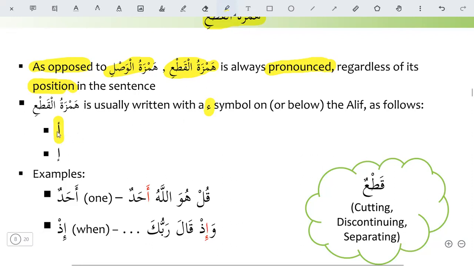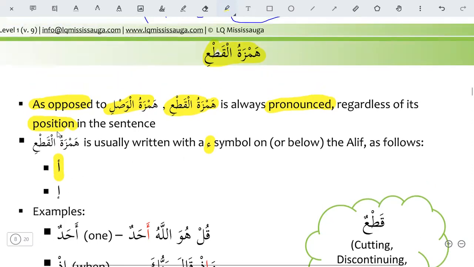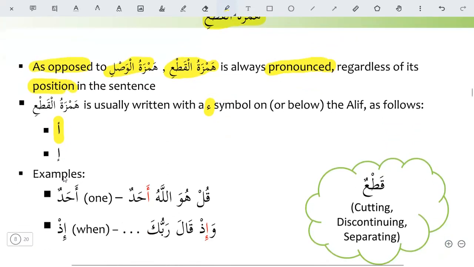So this is Hamzatul Qat'i, and there is a Hamza below the letter. This is also Hamzatul Qat'i. So these are the two signs of Hamzatul Qat'i.